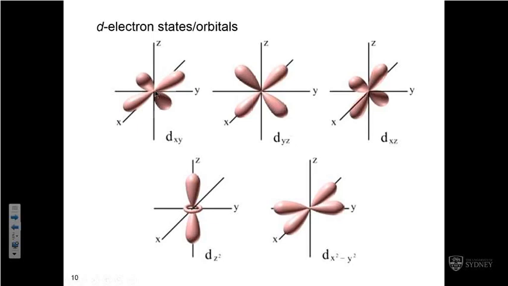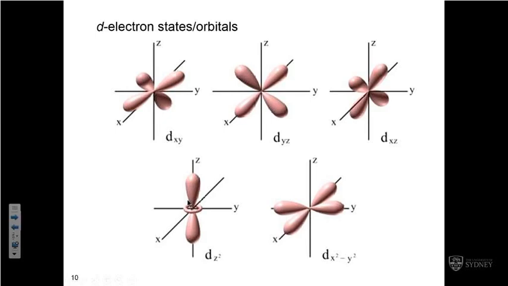You don't need to know the details of that, but I think it's interesting that you actually see what the d electrons look like. So you have dxy, where they are localized about the xy plane, dyz, where they are orientated in the yz plane, and this one here, which is quite different to the others, is the dz squared one.